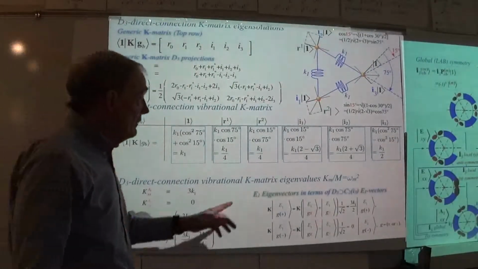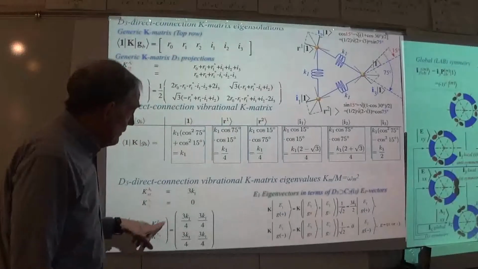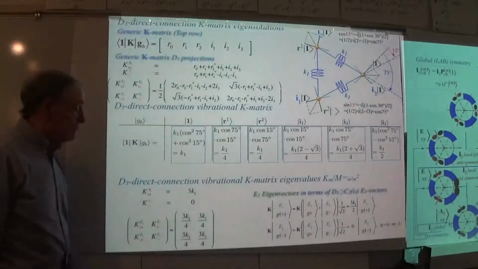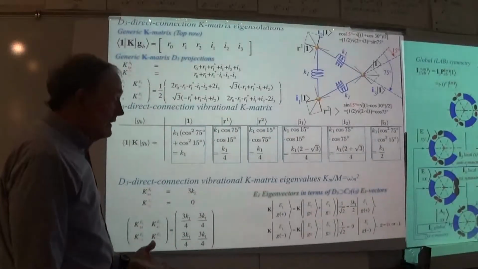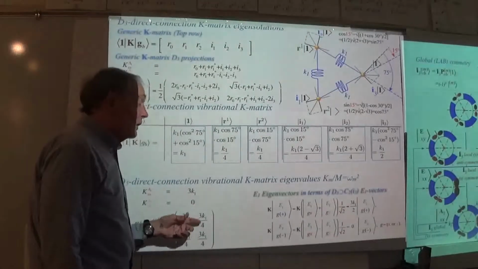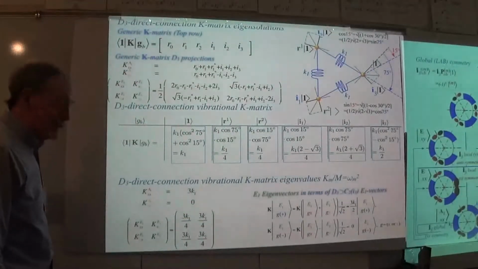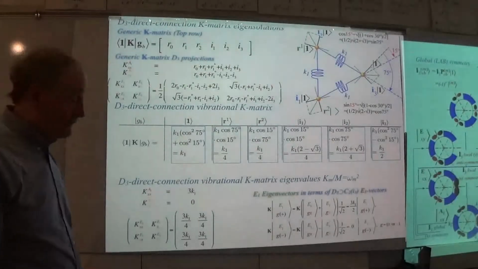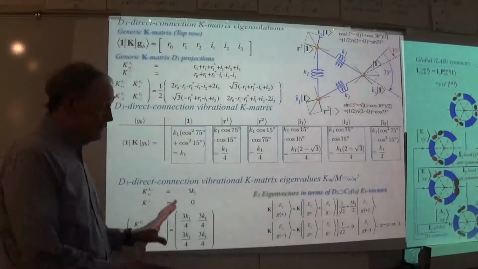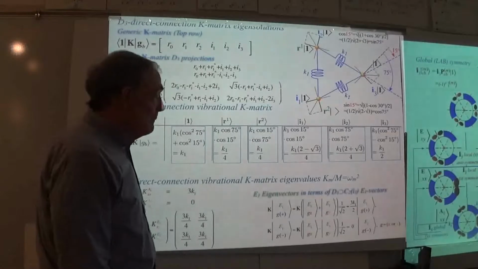In other words, these are the eigenvectors of this matrix: plus and minus 1, 1, 1, minus 1. I mean, it's an idempotent matrix, right? C2 symmetry with no argument about it.